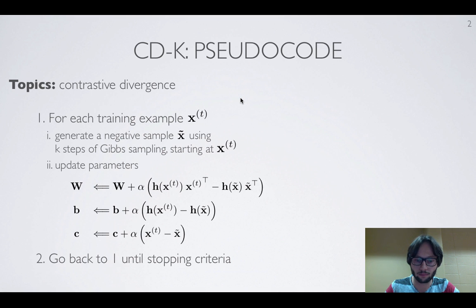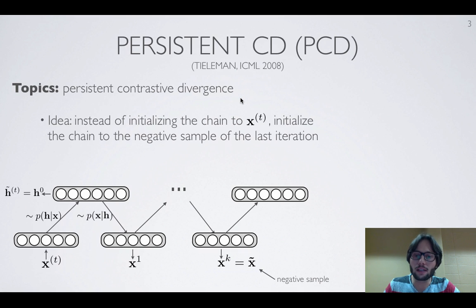So the idea is actually quite simple. Because we're performing few steps of Gibbs sampling in between updates, we can never wander too far away from our training example. However, before our previous update, we had actually performed some Gibbs sampling, and it's kind of a shame that we can't reuse this sampling to generate our sample for our next update.